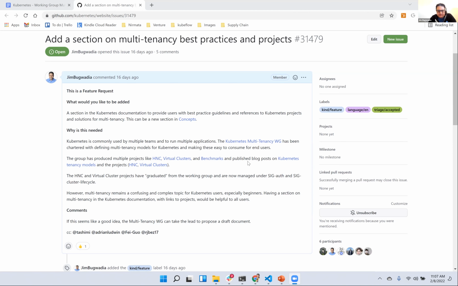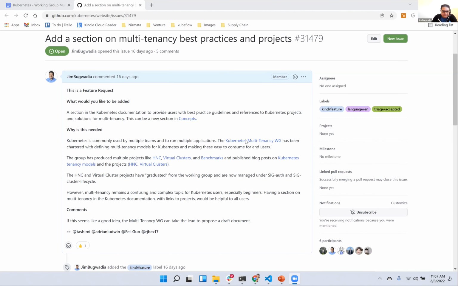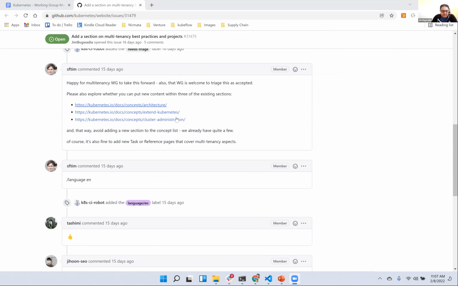So the thinking was, how about we propose that we add something in the documentation, and we had a few areas where we could potentially add this. I think either under concepts or architecture or how to extend Kubernetes. The first thing would be to define what multi-tenancy even means, because what we've found is that different teams, and even different organizations, have different definitions and uses of multi-tenancy.